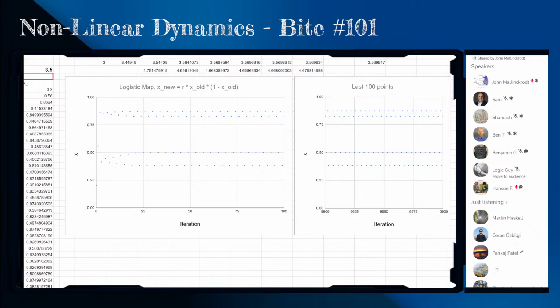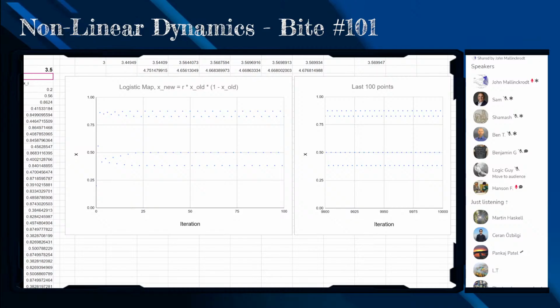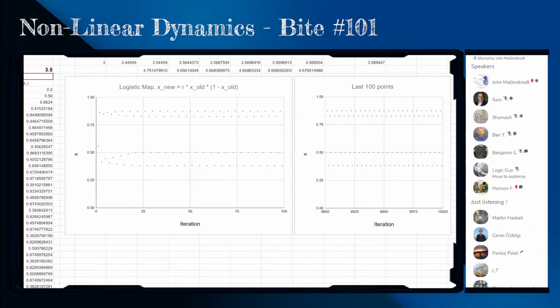It does one of the low numbers, then one of the high numbers, then a different low number, and then a different high number. It takes 4 iterations, but eventually I get back, as you can see in the last 100 points graph, it stabilizes out now at a period 4 cycle.